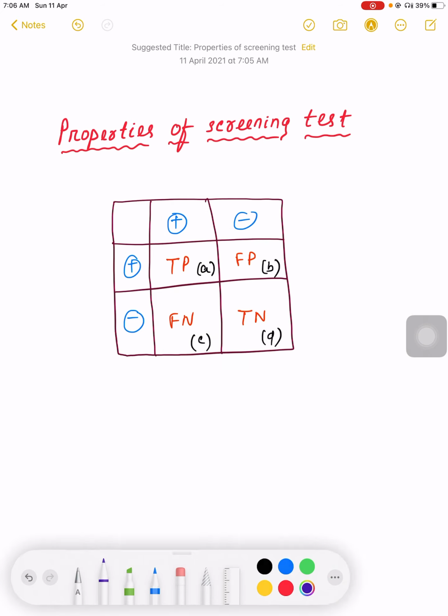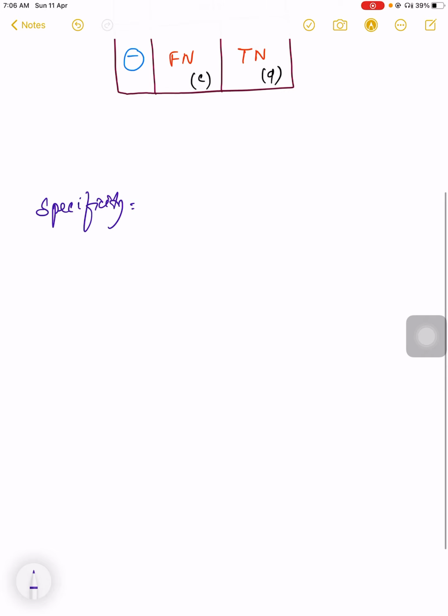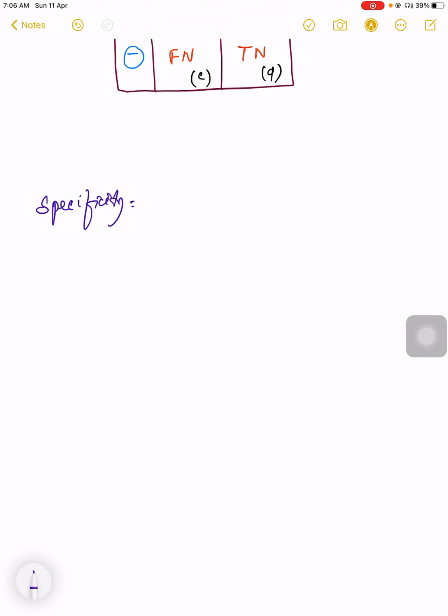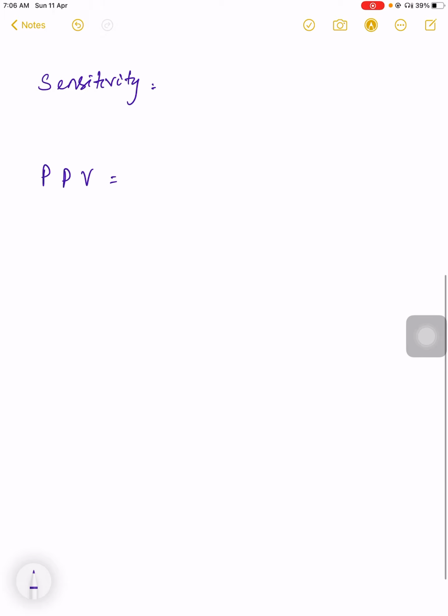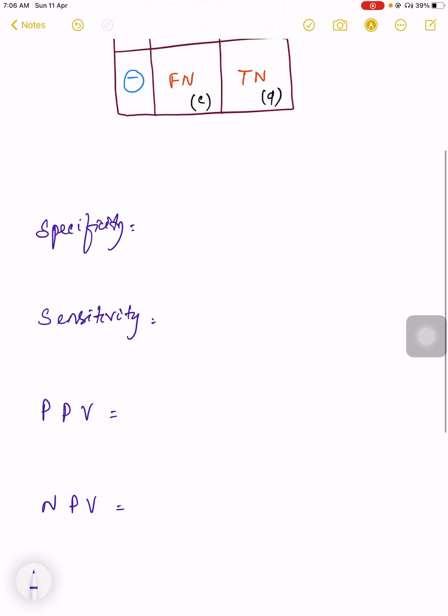First one is specificity, and second one is sensitivity. Then third one is positive predictive value. Then fourth one is negative predictive value. These are the four properties of the screening test.